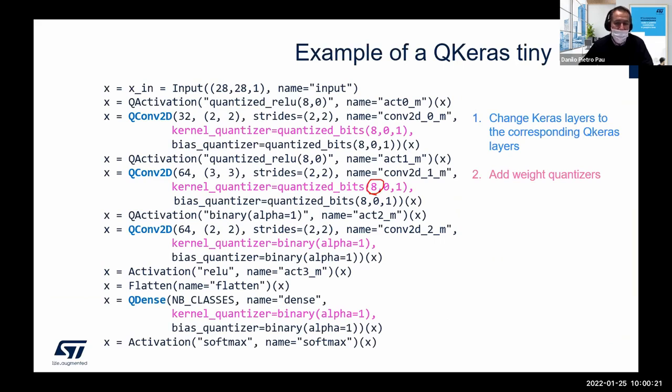In this case, it means 0 bits for the integer part and 7 bits for the fractional part, symmetric, or binary. Therefore, it's a heterogeneously quantized neural network where some layers are binarized, and some kernels are binarized in different ways. And I can play with the full range between 1 and 32 bits. Same for the biases.